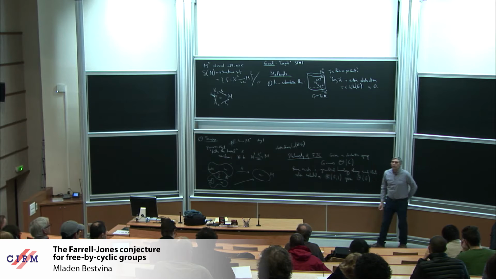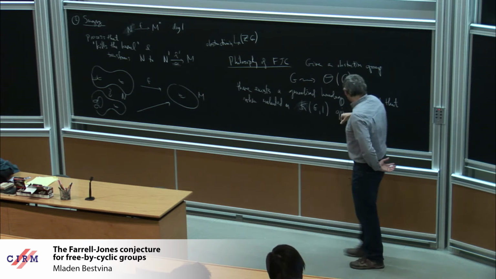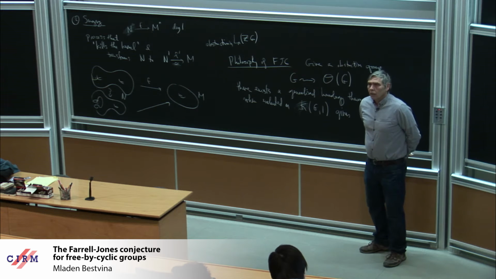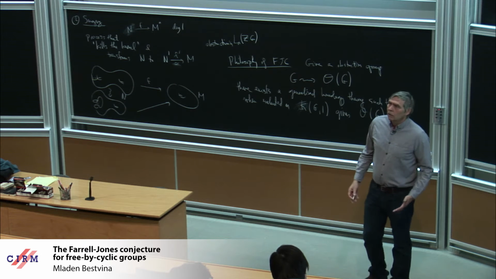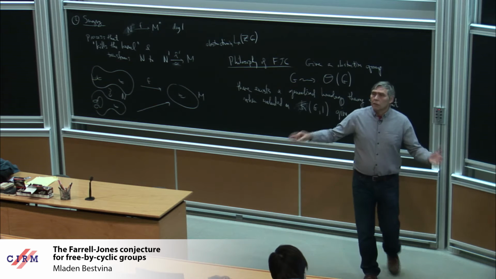They're not defined for all spaces. Or for a topologist, you could say they're defined on spaces which are KG1. They're not defined on non-aspherical spaces. But we are conjecturing that, in fact, you can extend this to all spaces and get a homology theory.